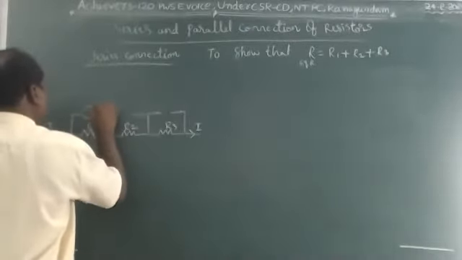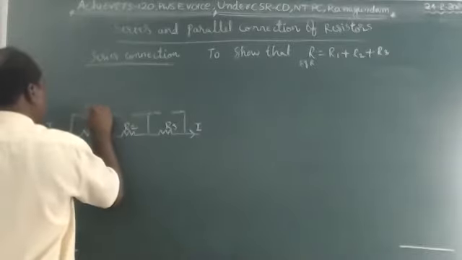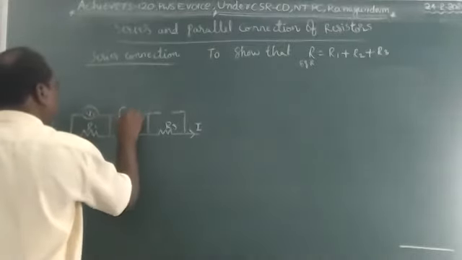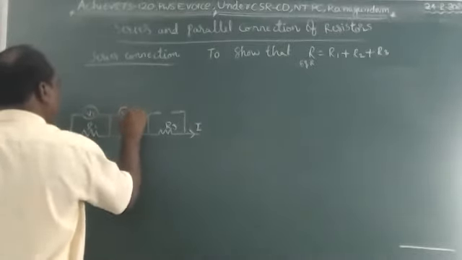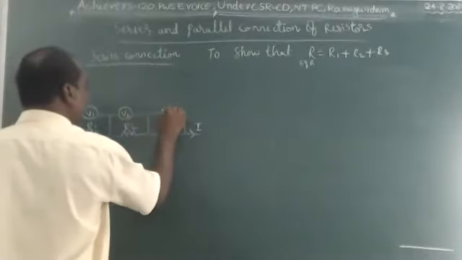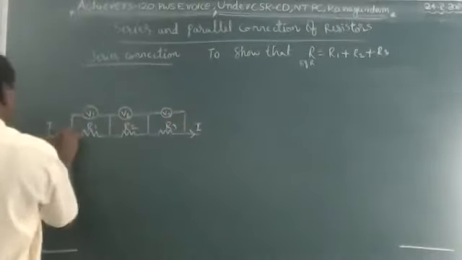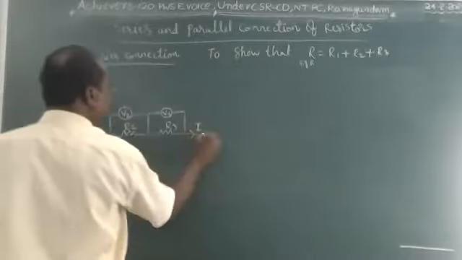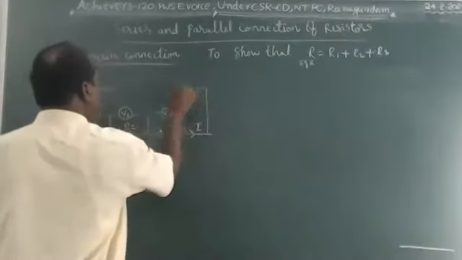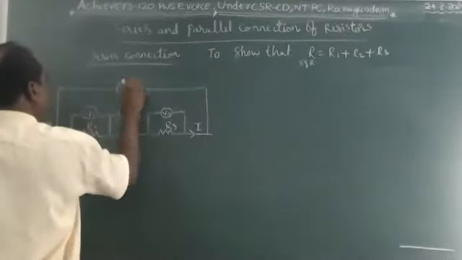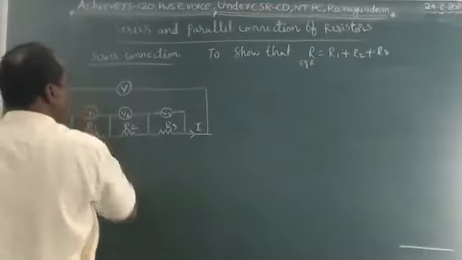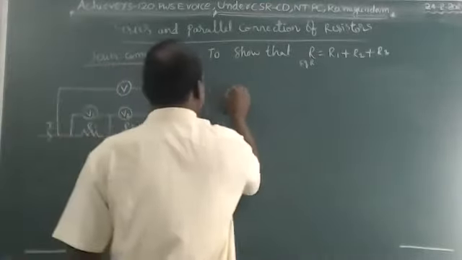In R1, the current is I1 and the voltage is V1, this is V2, and this is V3. Or we can draw the circuit like this also.